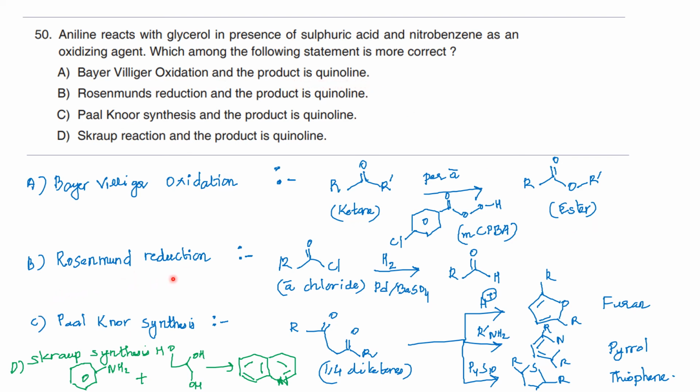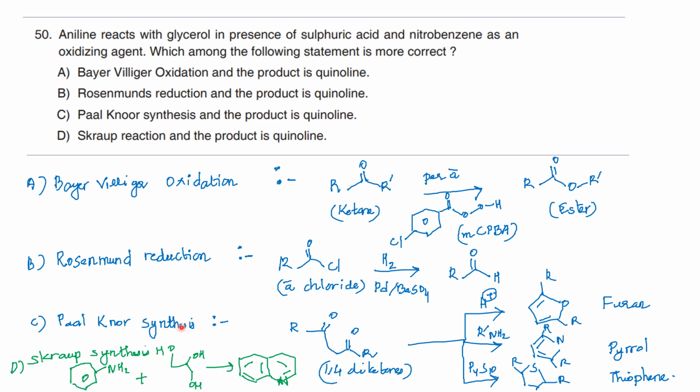Now coming to Rosenmund reduction, as the name suggests, it is a kind of reduction. It is a reduction of acid chloride to the corresponding aldehyde. That is, the COCl group will be reduced to an aldehyde in presence of palladium and barium sulfate. So the product will be a carbonyl compound. Therefore, Rosenmund reduction is also not the right answer.